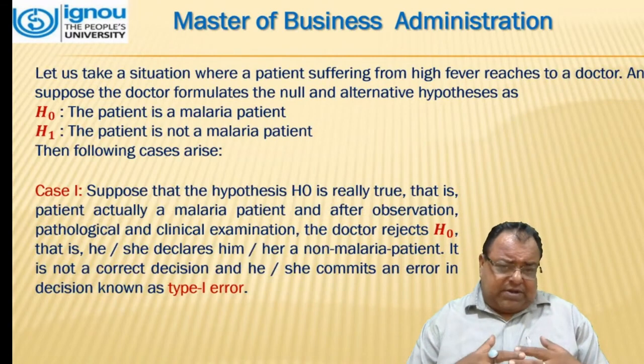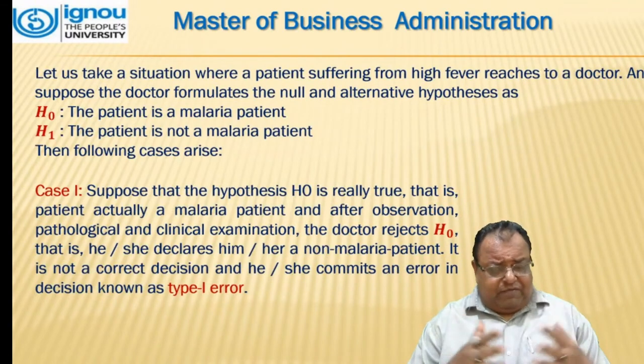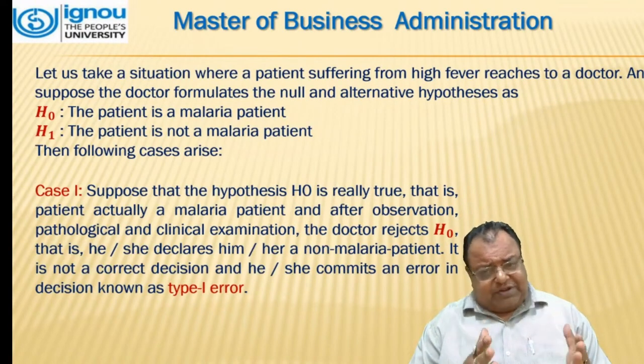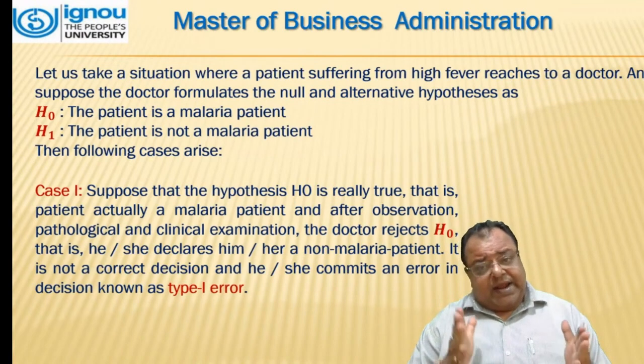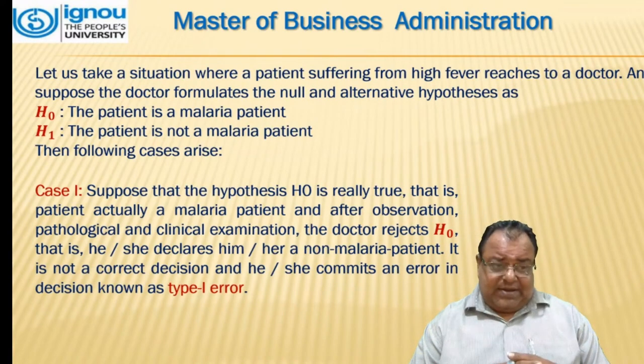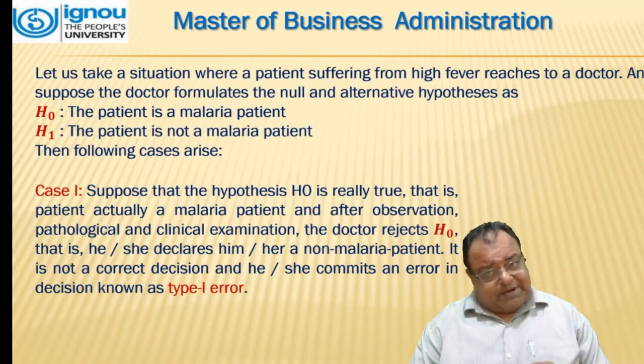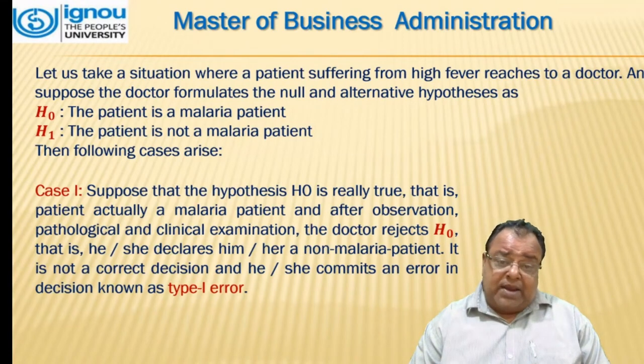We take up a situation where a patient suffering from high fever reaches a doctor. Suppose the doctor formulates the null and alternate hypothesis as H0: the patient is a malaria patient, and H1, that means the alternate: the patient is not a malaria patient.